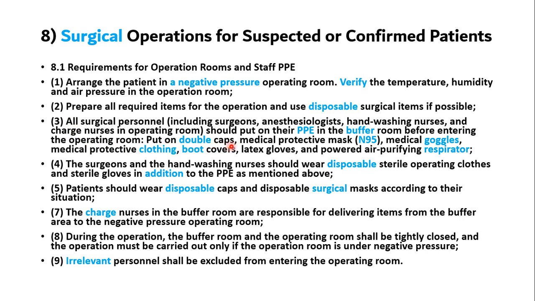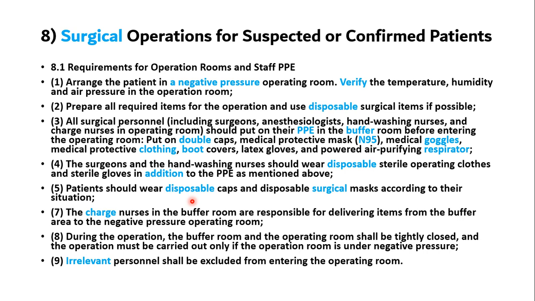Put on double caps, medical protective mask N95, medical goggles, medical protective clothing, boot covers, latex gloves, and a powered air purifying respirator. The surgeon and the hand washing nurse should wear disposable sterile operating clothes and sterile gloves in addition to their PPE, as mentioned above.